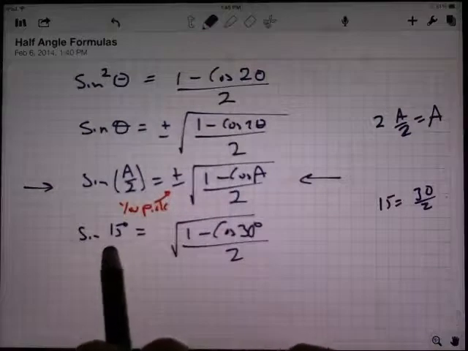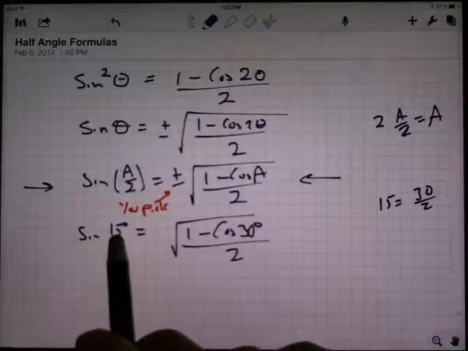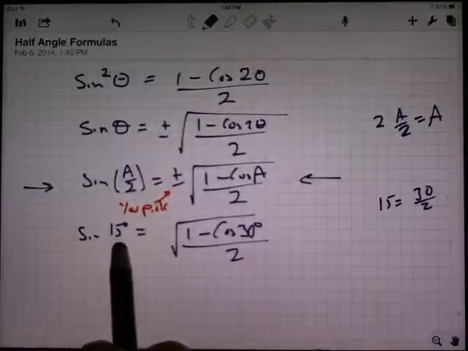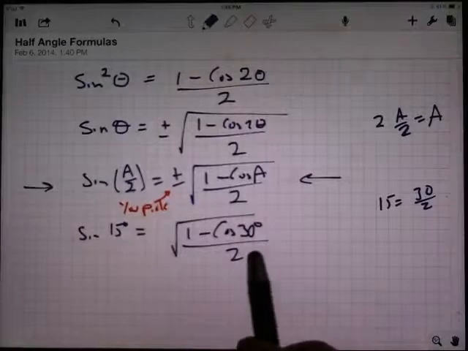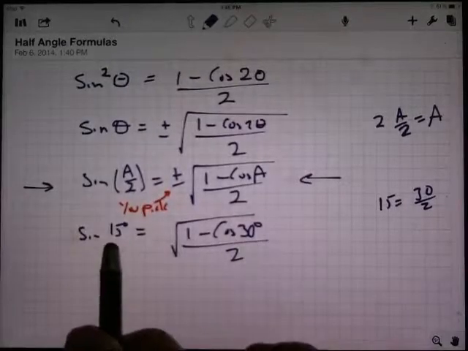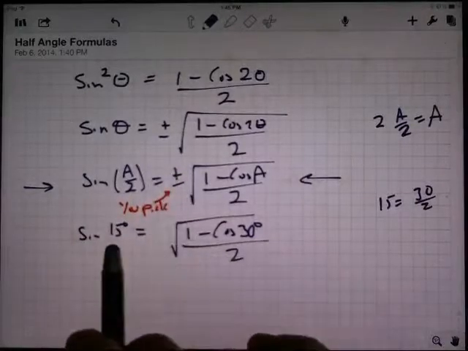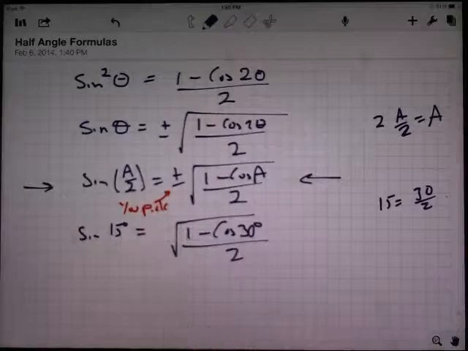Sine in the first quadrant is positive. I need the positive square root. If the angle I was plugging in here was a third or fourth quadrant angle, then the sine would be negative, and I'd need a negative here. This angle doesn't matter. It's this one that you're taking the sine of. That's the one that's going to determine whether this is plus or minus. 15's first quadrant. Sine is positive. Take the positive square root.